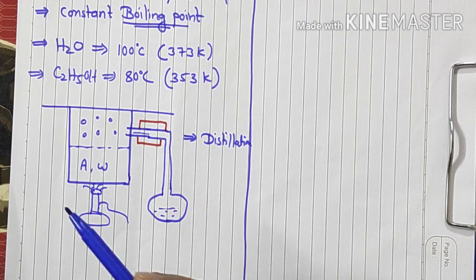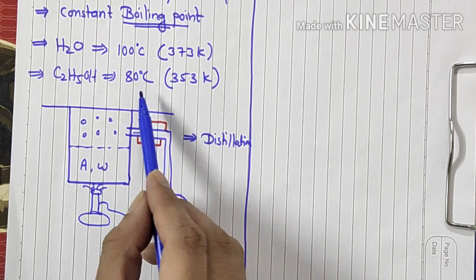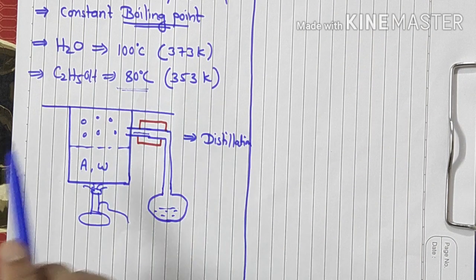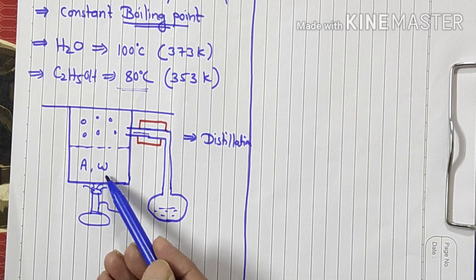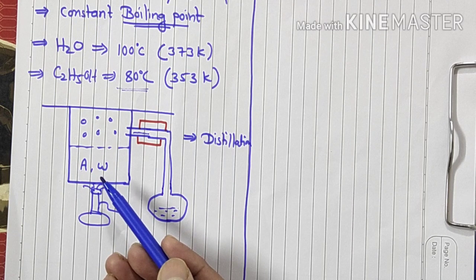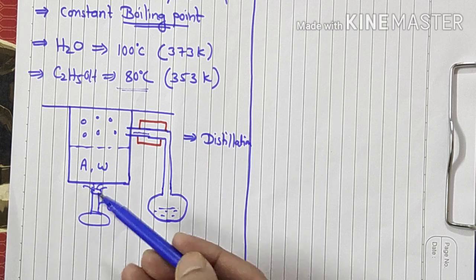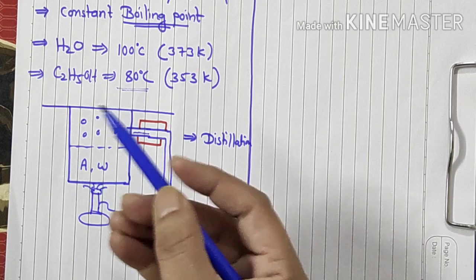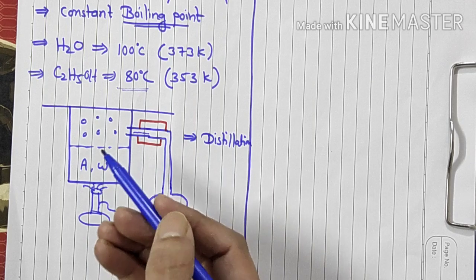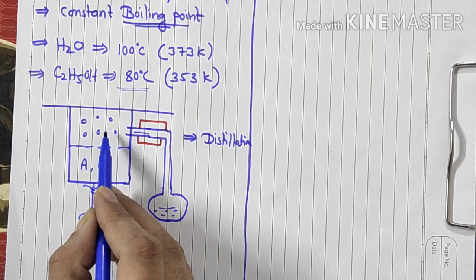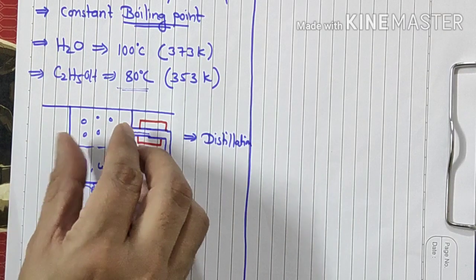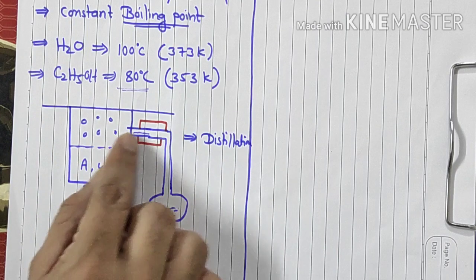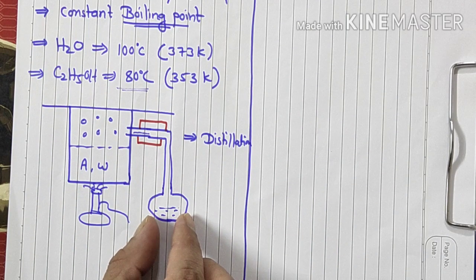Initially the temperature will be room temperature, some 35-40 degrees Celsius. When I start heating, vapors will form. Obviously vapors of both water and alcohol will form, but alcohol vapors will be more. So at 80 degrees Celsius, mostly all the alcohol will come over here as vapors. When I condense that, I will get alcohol.